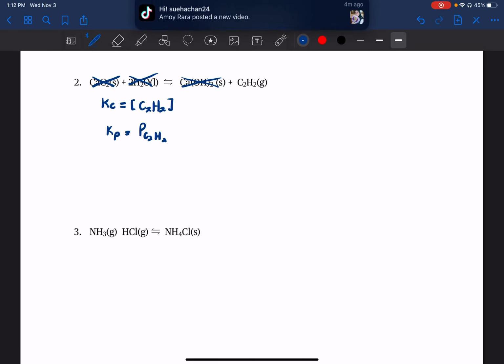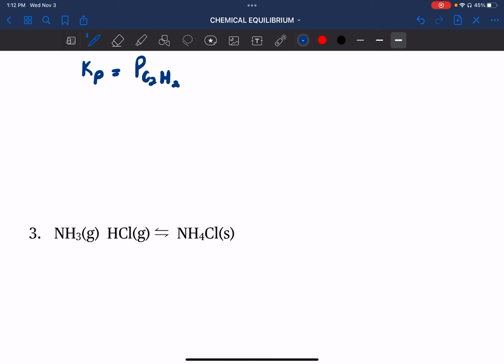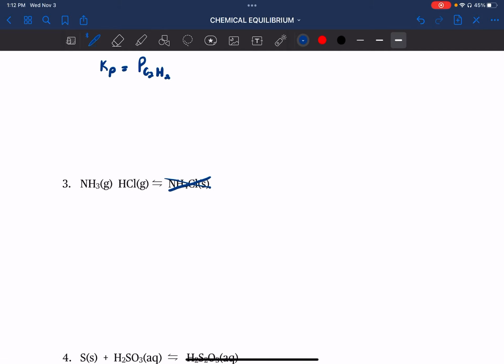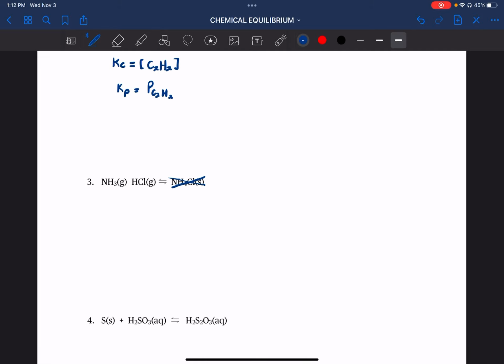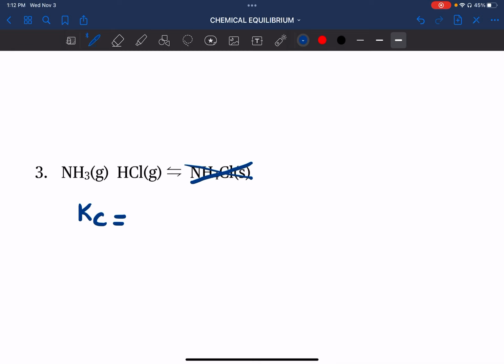So next, kita ada the third equation. Kita ada gas, solid. Okay. So for this case, kalau dia nak Kc, for example, tapi kita kan tahu the formula is concentration of product over reactant. So kalau produk kita dah cancel, macam mana kita nak buat?